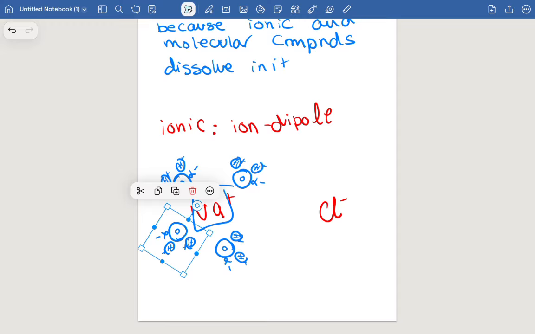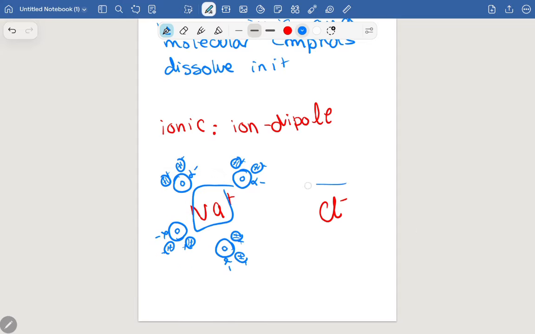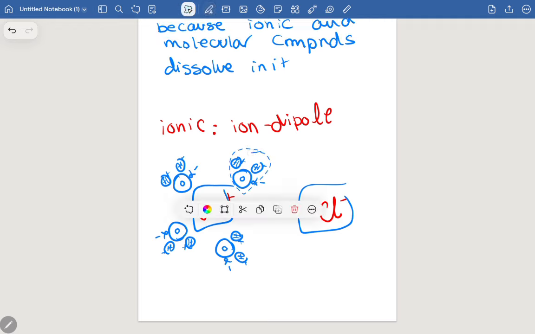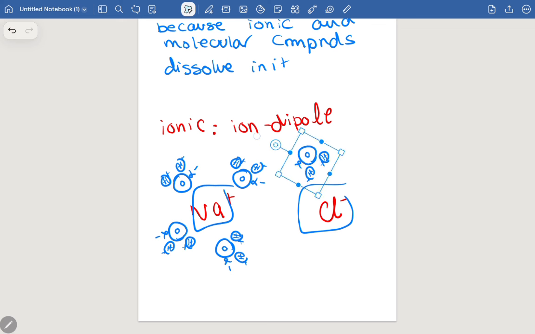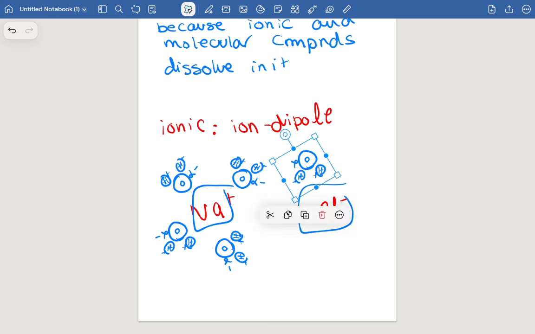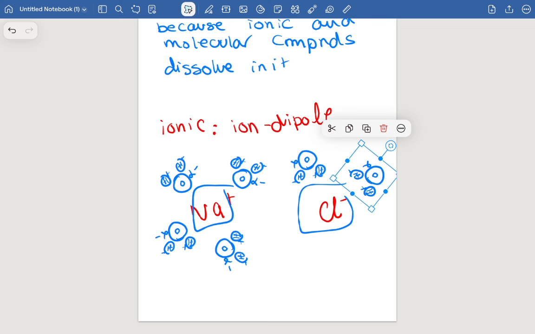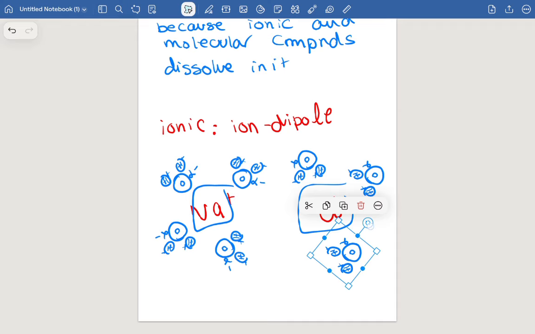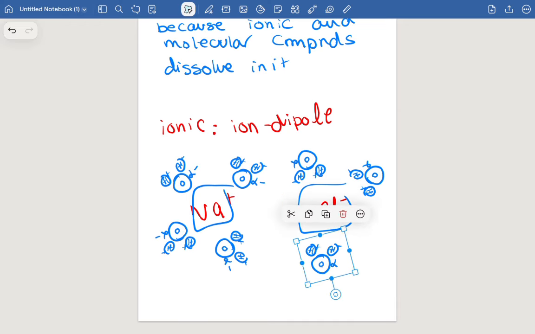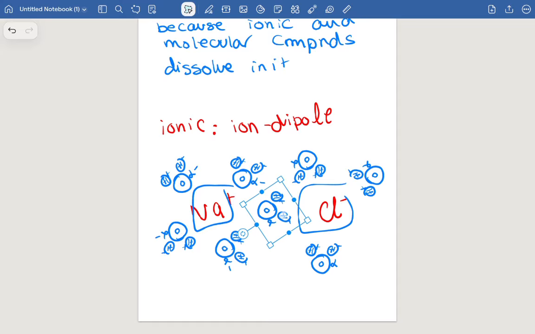Cl minus is negative. What does this mean? This means, very simply, that the partial positive hydrogen are gonna be facing towards it, right? So it's the opposite of the Na+. The Na+, it's the partial negative oxygen that's facing it, whereas in the Cl-, it's the partial positive hydrogen that is facing it.